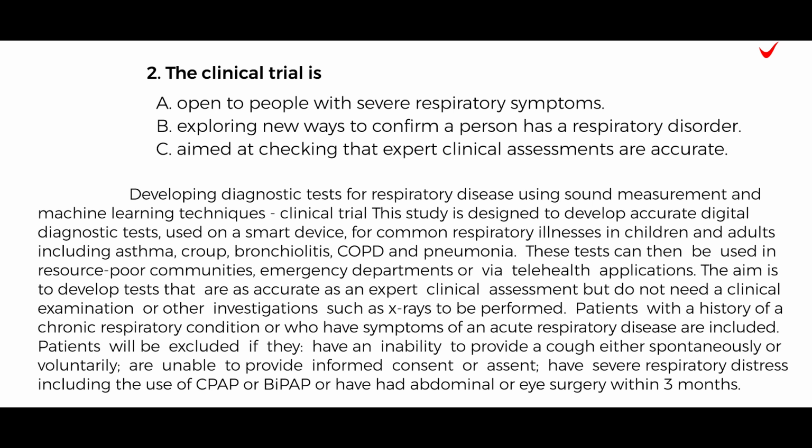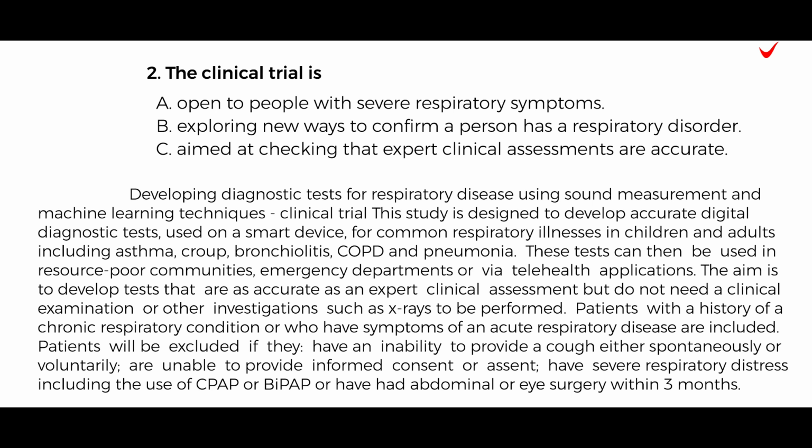These tests can then be used in resource-poor communities, emergency departments or via telehealth applications. The aim is to develop tests that are as accurate as an expert clinical assessment but do not need a clinical examination or other investigations such as X-rays to be performed. So they have literally explained the objective of developing these tests there in the middle portion.